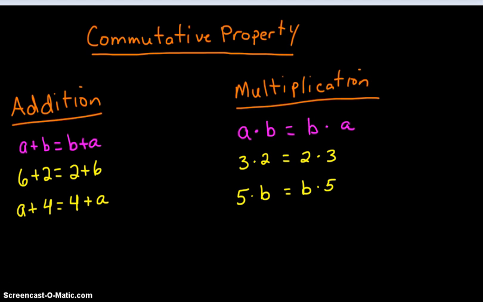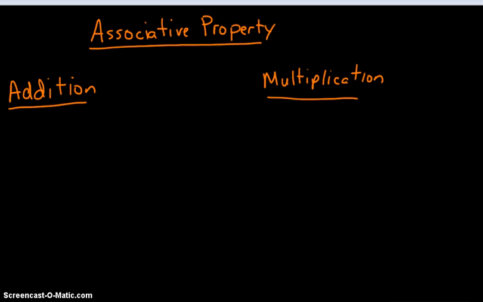So that's commutative. The second one is the associative property. In the associative property, we have more than two, and we're going to change how they're grouped. We start by writing it again. A plus B in parentheses, and adding C after is the same as adding the second and third numbers first.